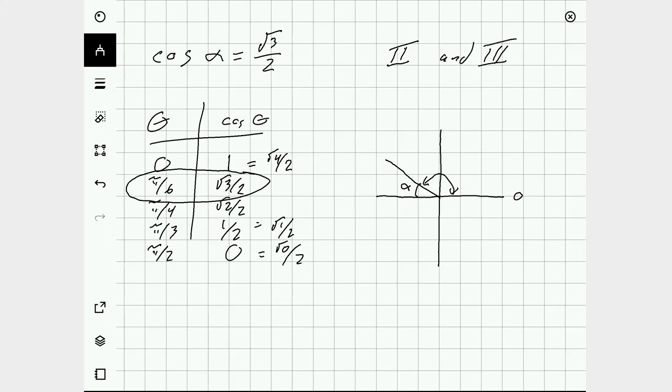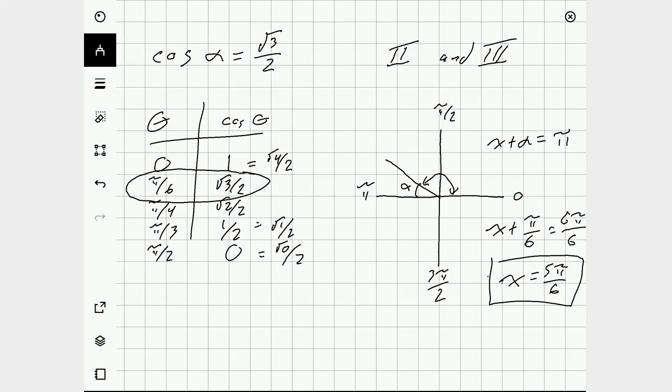Halfway around is pi, and pi is the same thing as 6 pi over 6. So when we subtract 1 pi over 6, 6 minus 1 is 5, and we get that this angle is 5 pi over 6.